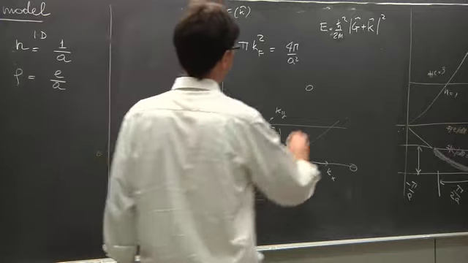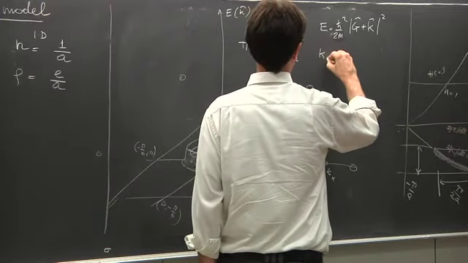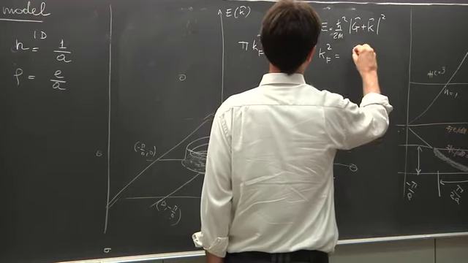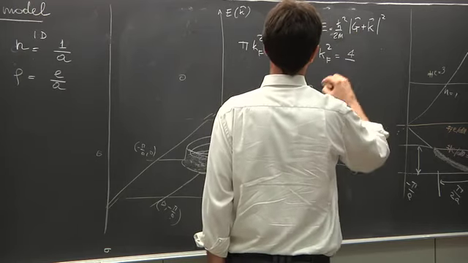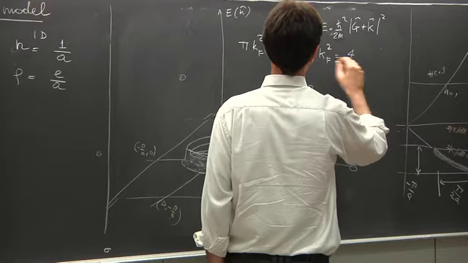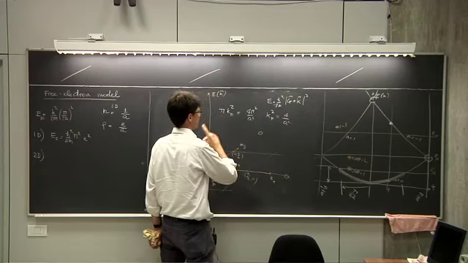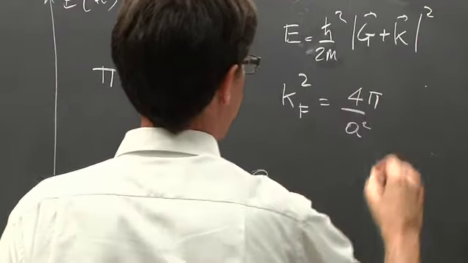Right? So Kf squared, actually, let me keep Kf squared, is 4 pi over a squared.